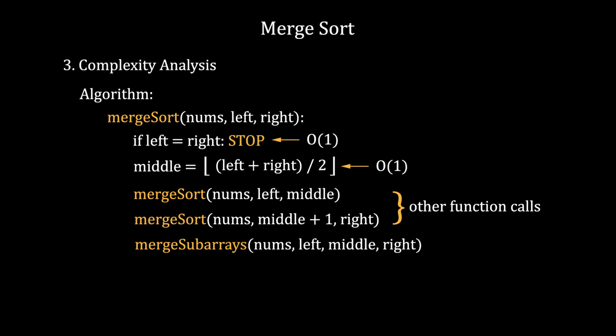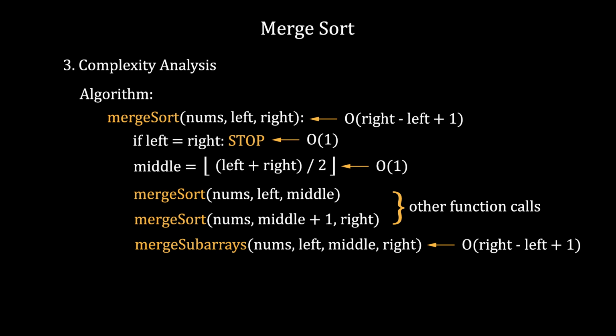So the total number of operations performed to merge these two subarrays is right minus left plus 1. This means that the total number of operations that one function call does, again not taking into consideration what is performed inside the function calls that are done in this function call, is equal to the actual length of the subarray, which is right minus left plus 1.